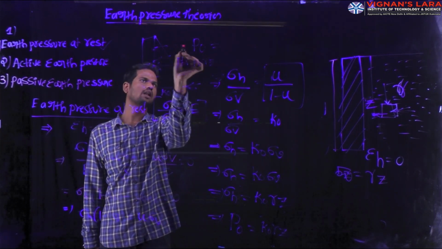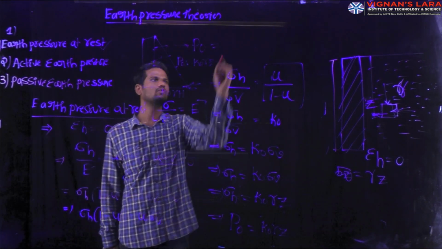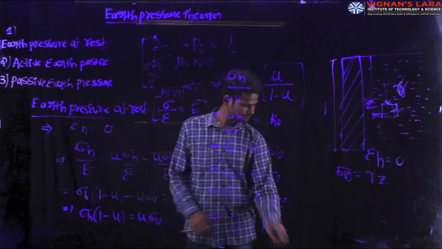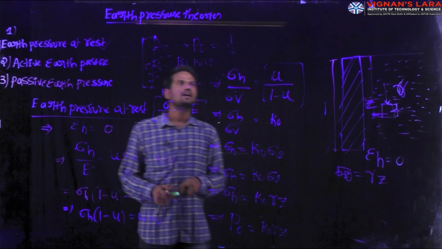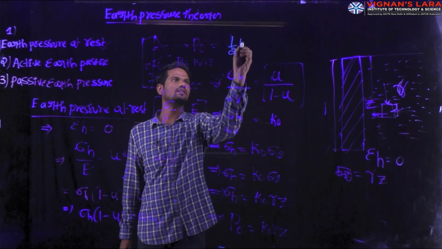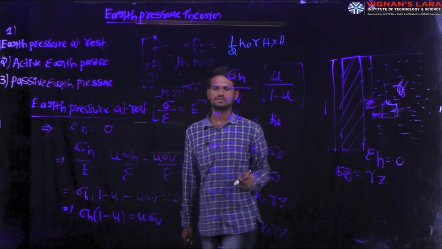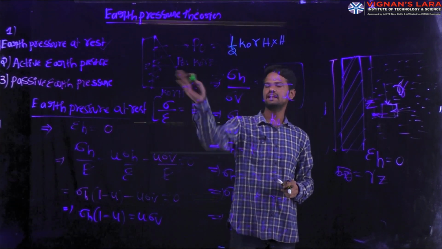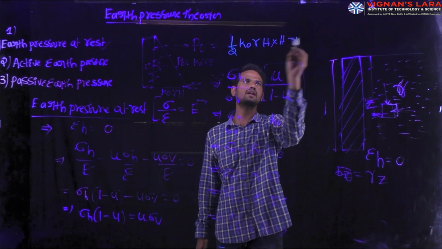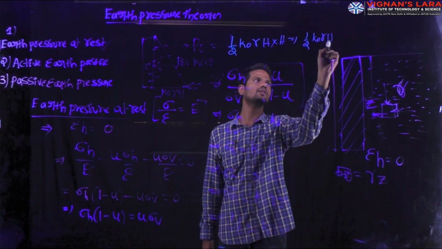That means the total horizontal pressure acting on the wall at rest condition, P naught, equals half into K naught into gamma into H into H. This is the pressure on the entire wall. Substituting, P naught equals half into K naught into gamma into H square.